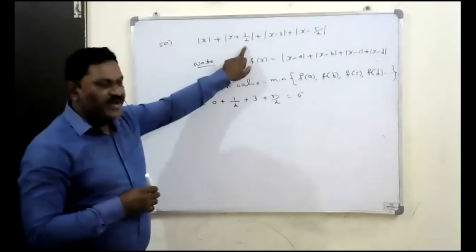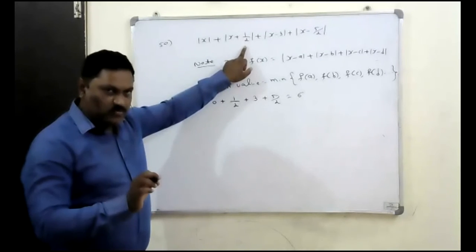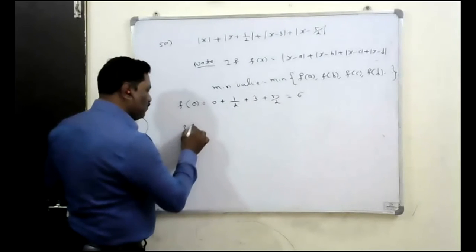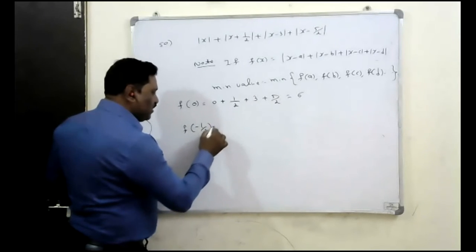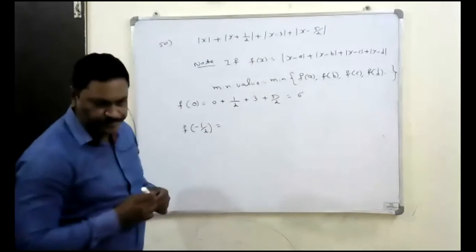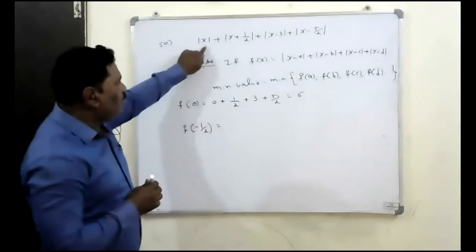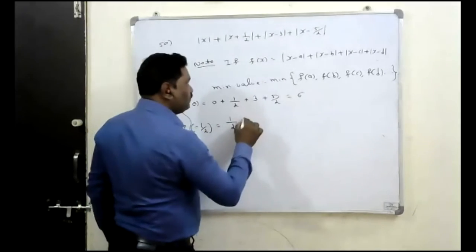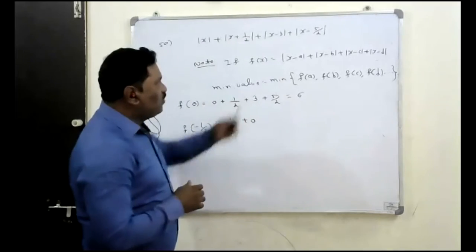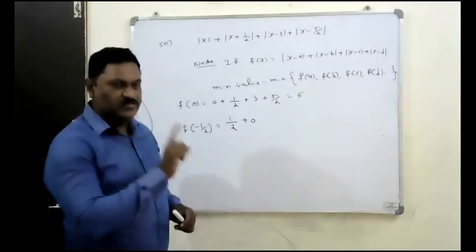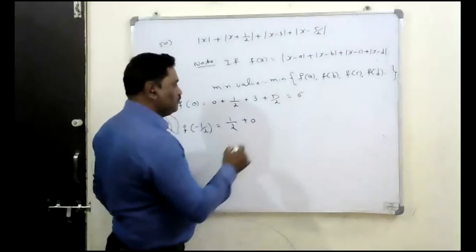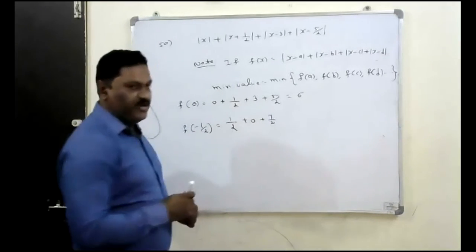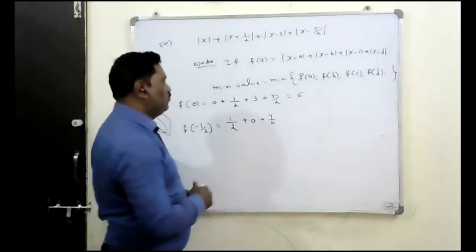Next term is x plus 1 by 2. For what value is it 0? Minus 1 by 2. Substitute minus 1 by 2 everywhere. Mod of minus 1 by 2 is 1 by 2, and this term is 0. Minus 1 by 2 minus 3 is minus 7 by 2, and modulus makes it plus 7 by 2.